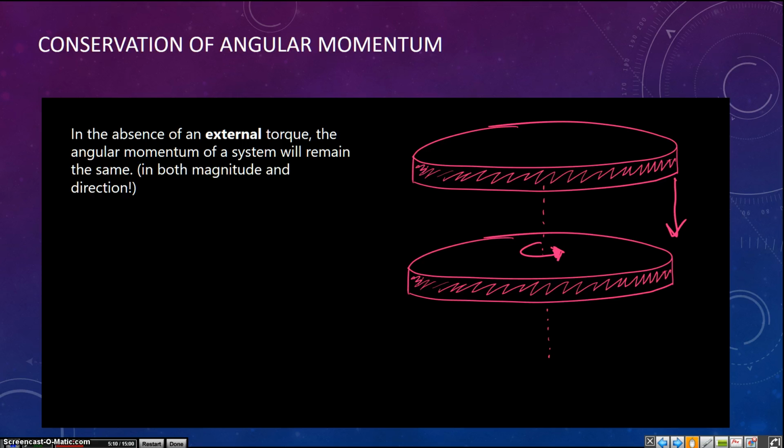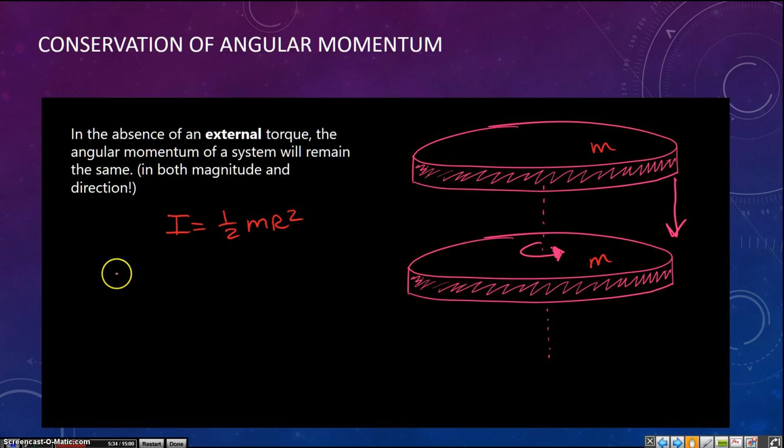So to illustrate this, we imagine once again we have this disk and it's rotating counterclockwise, and then I drop another disk on top of it. So say that this disk has mass m and this disk is mass m, and I, for a rotating disk, will be 1/2 m r squared. So just assume that they have the same r value.